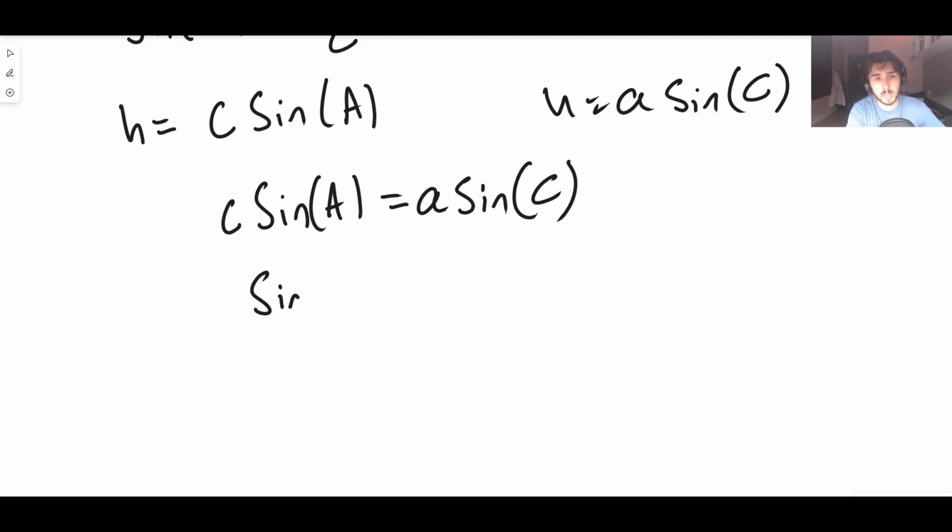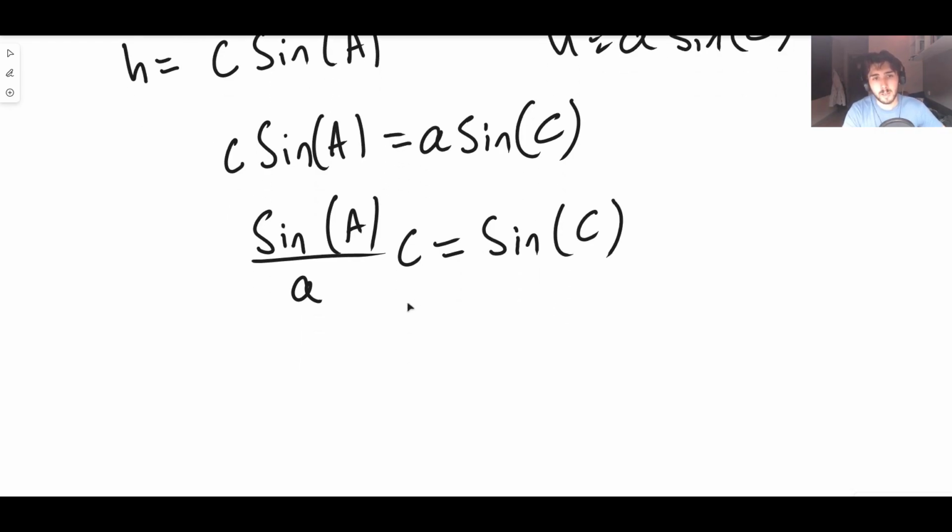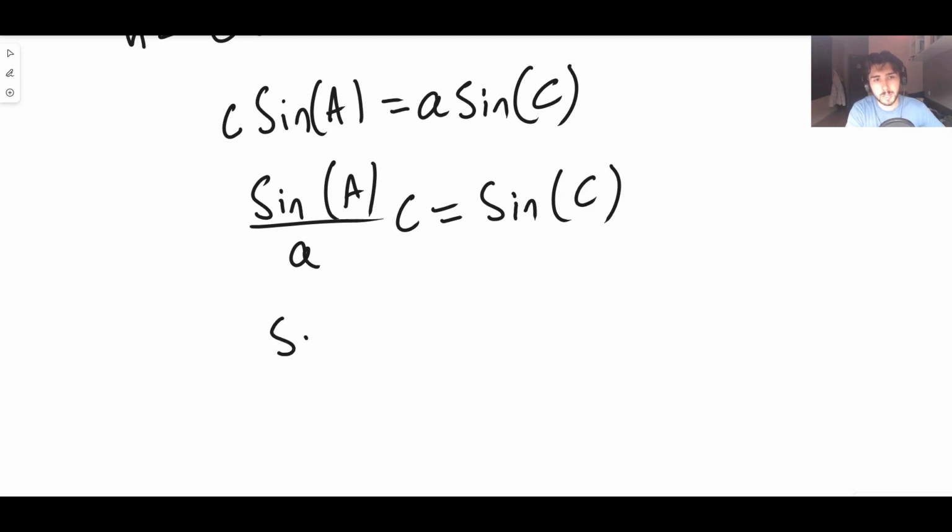I'll do that in two steps. So dividing by a, we get sine a over a times c is equal to sine c. And then finally, dividing by c, we get sine a over lowercase a is just equal to sine c over lowercase c.